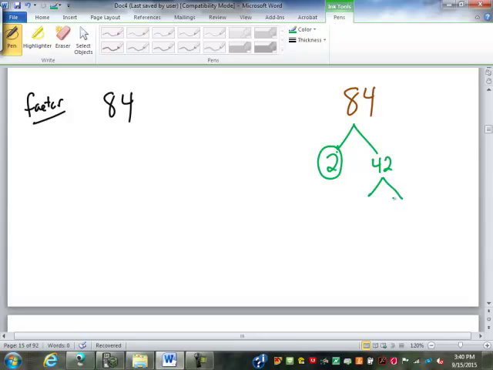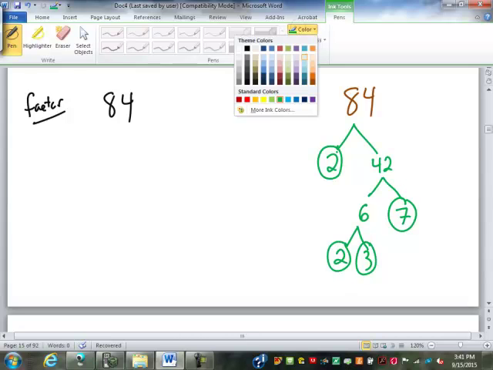42 can be split up. What's a number that can divide into 42? 6 and 7. 42 divided by 6 leaves us with 7. 6 can be split up, 7 cannot. 7's prime, so I'm going to circle it. 6 splits up into 2 times 3, or 3 times 2. Both are prime.